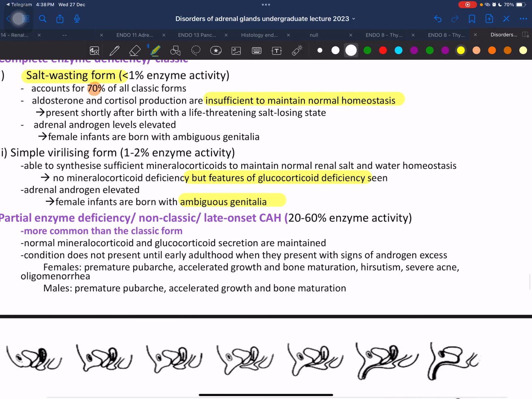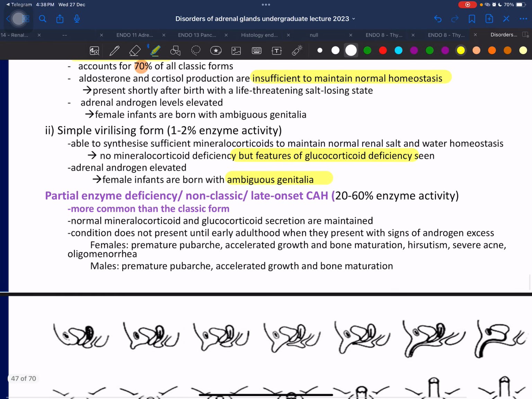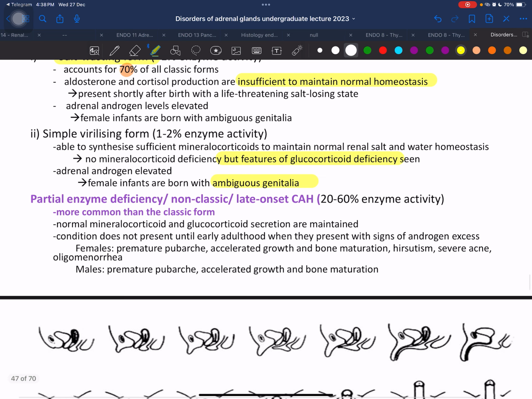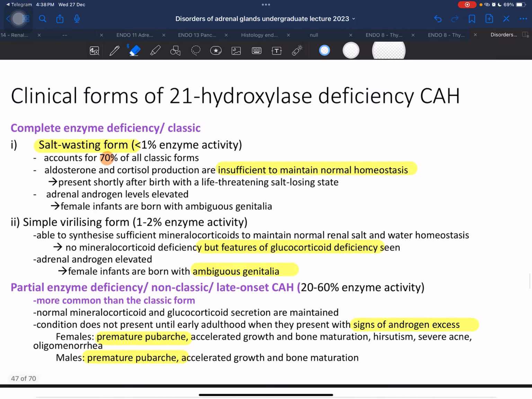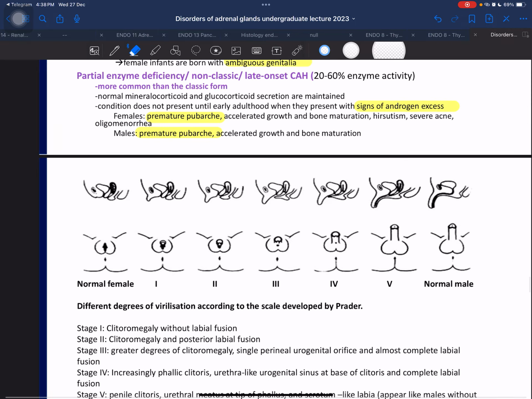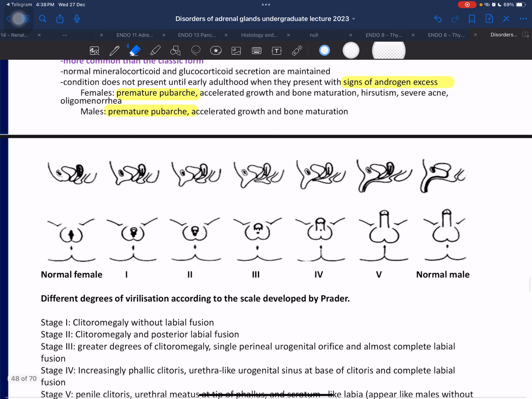Now, for the partial enzyme deficiency, they retain about 20 to 60% of the enzyme activity. It's more common than the classic form. Okay? In this case, usually at birth, they have normal mineralocorticoid and normal glucocorticoid secretion. Okay? And usually, they are detected at adulthood. When are they detected? When they have signs of androgen excess.